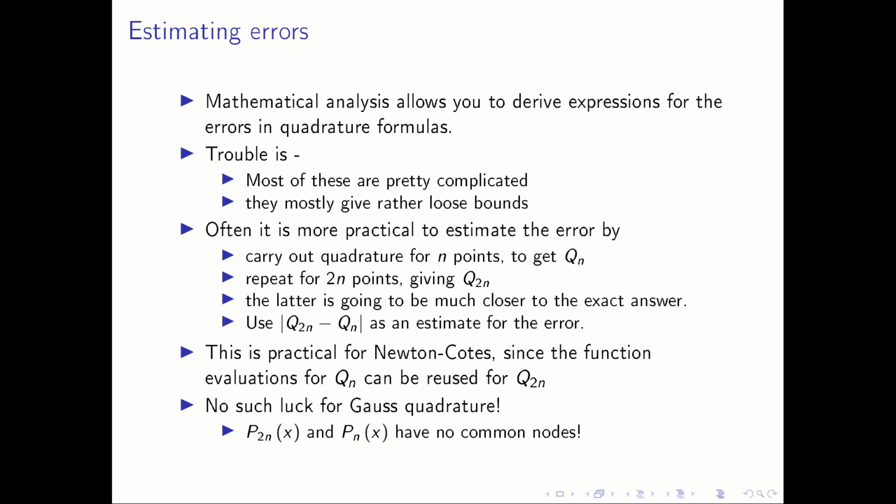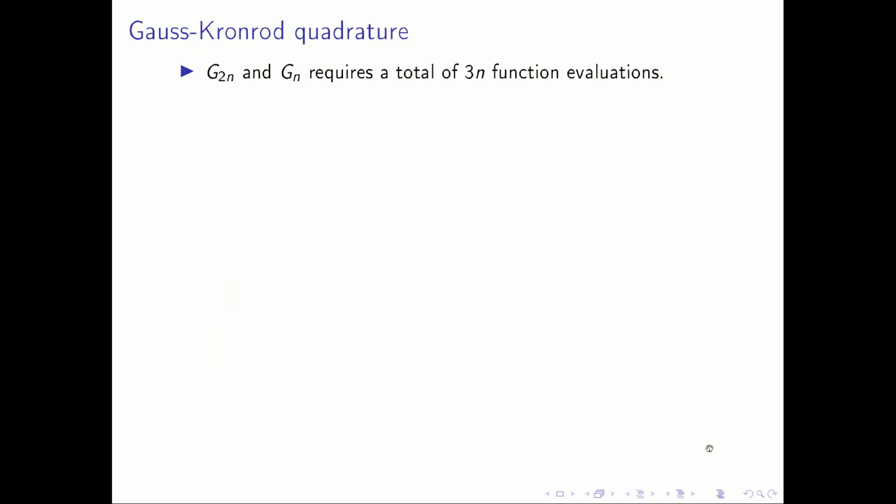So this is the hard part. Using them together, or rather G2n and Gn, if you want to use them, you have to do the calculation. You have to evaluate the function separately for each of the 3n points.